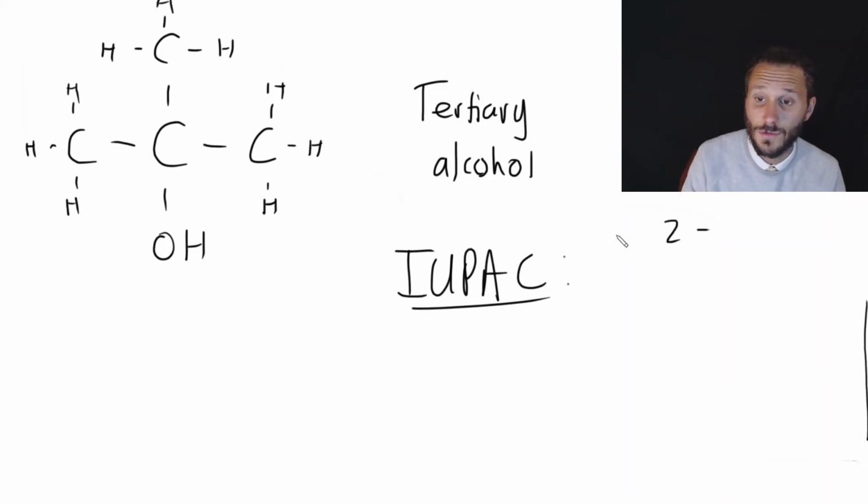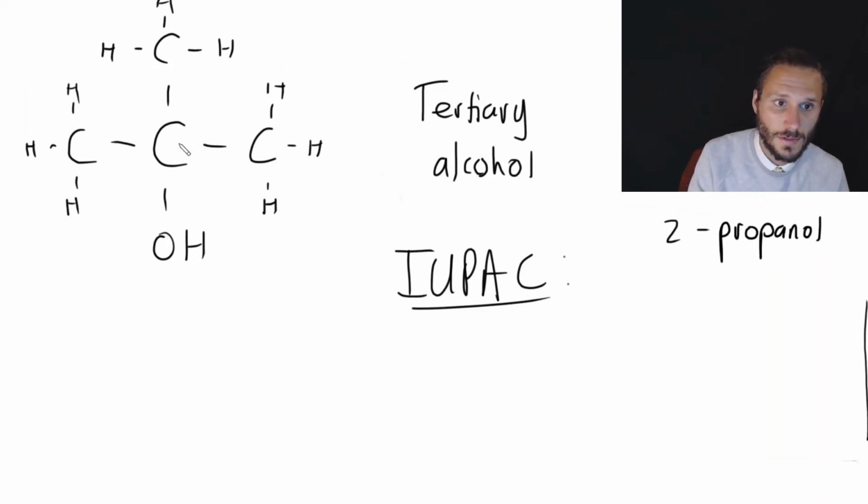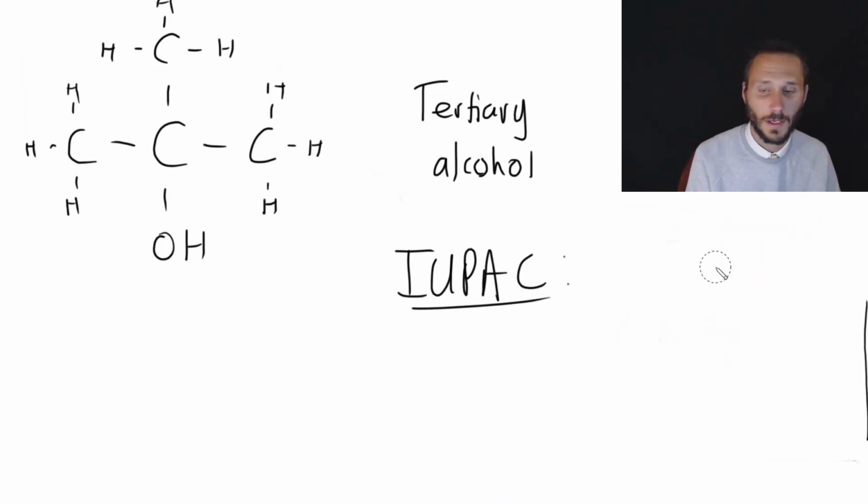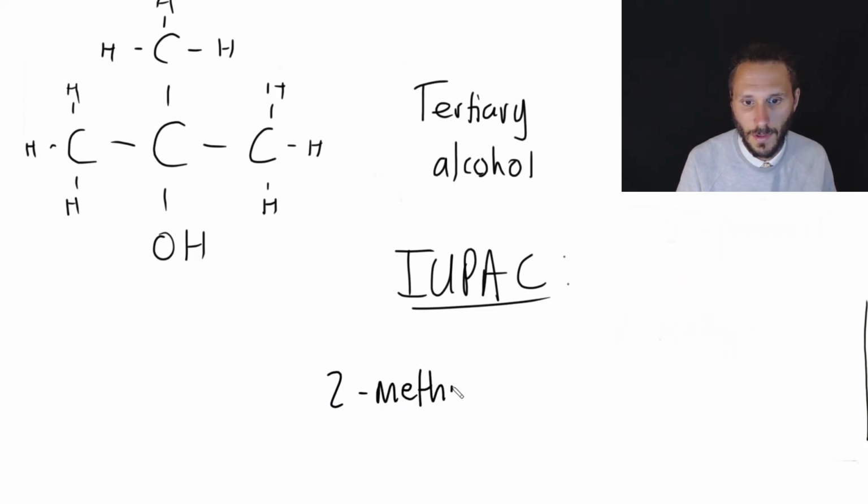The longest chain is 3 carbons, so this is going to be 2-propanol, because it's got 3 carbons, prop, and there's an alcohol group coming off the second carbon. But there's also, off the second carbon, a methyl group. So this would be 2-methyl as well. So we just put these 2 together, and my IUPAC name for this molecule, or this compound, is 2-methyl-2-propanol. Awesome, guys.